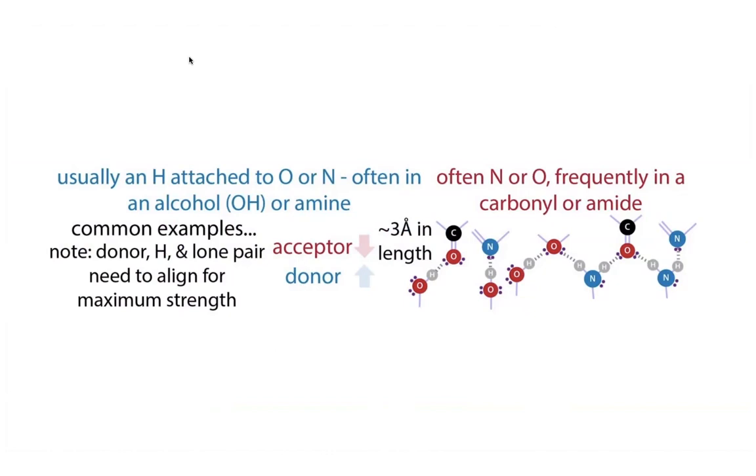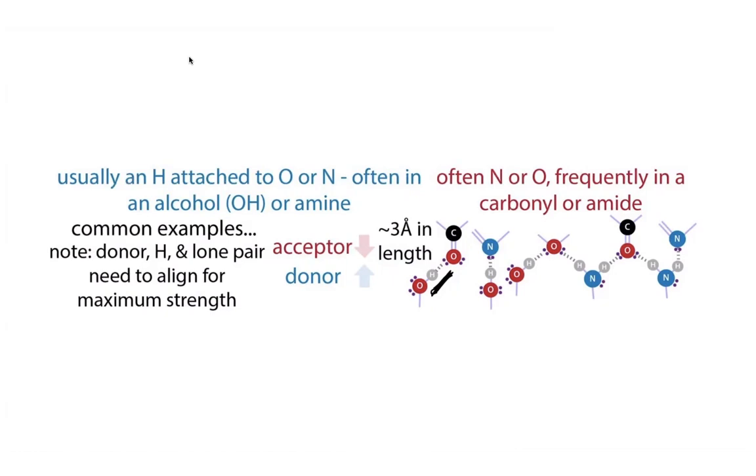So one is that for them to be strongest, you need everything to be in a line. So you need your donor to be in a line with the lone pair of your acceptor. And so if this is not at the right angle, the bonds are going to be much, much weaker. And so this is going to help explain how we can get those characteristic structures.